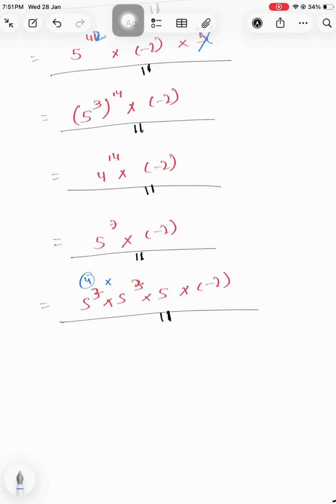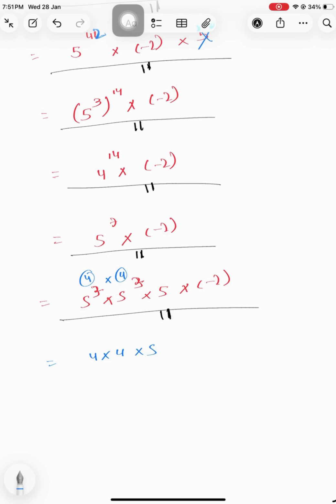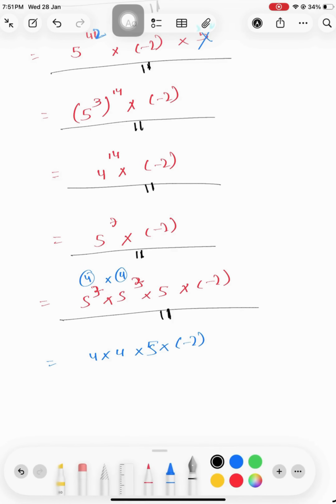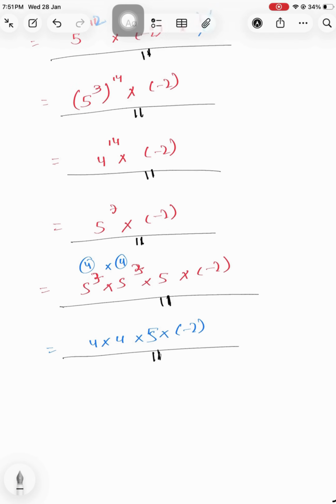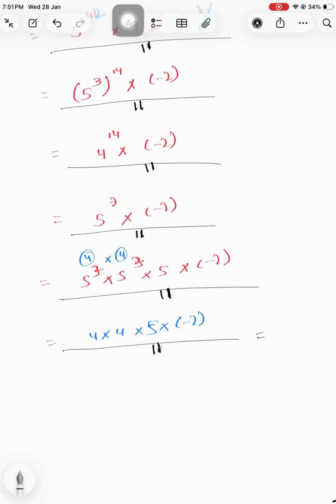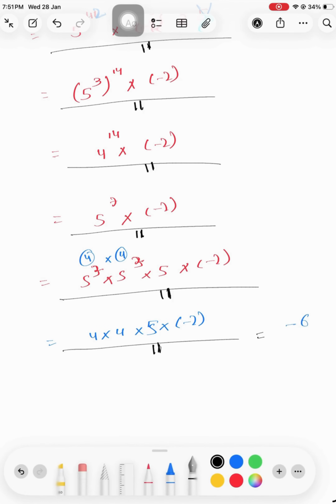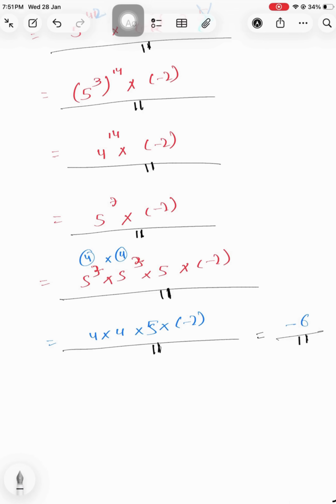Finally, it is 4 square into 5 into -2 upon 11. And finally, as a result, we get -6 as the remainder.